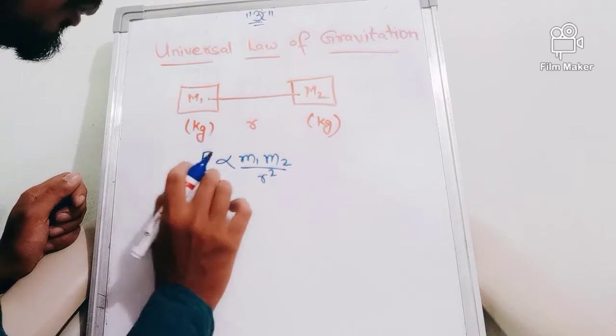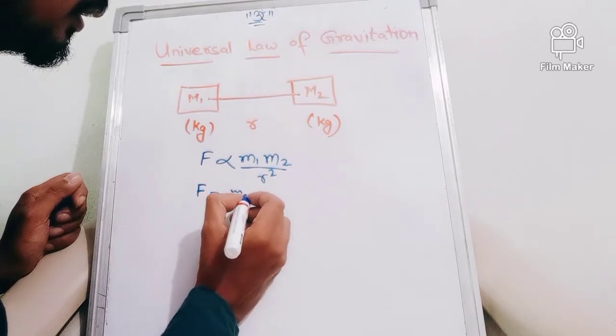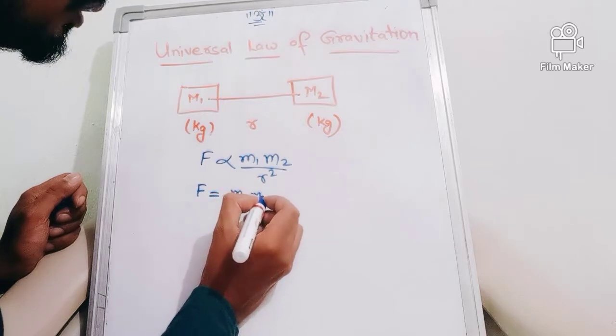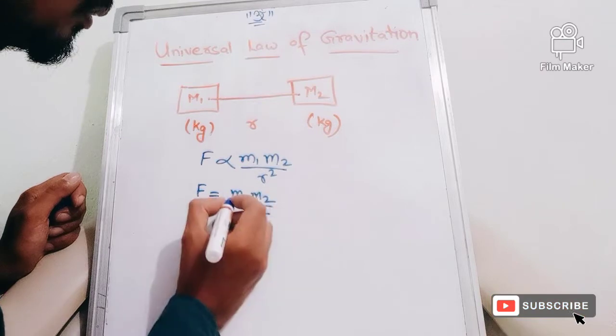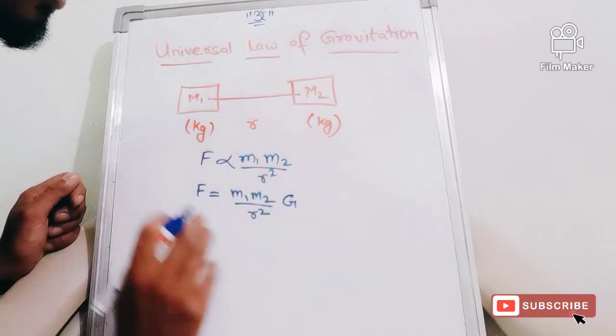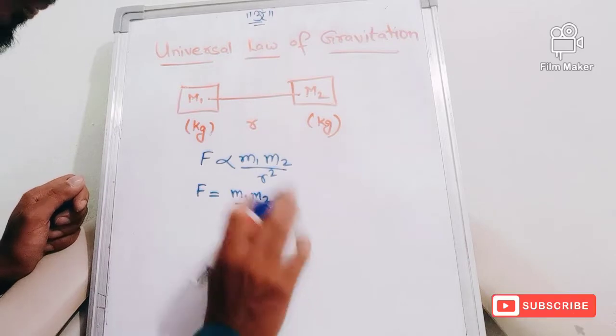When we remove this proportionality sign, we put equal to: force is equal to m1 into m2 upon r square, and we give one constant, that is G, the gravitational constant.